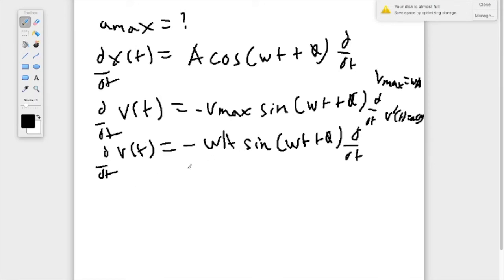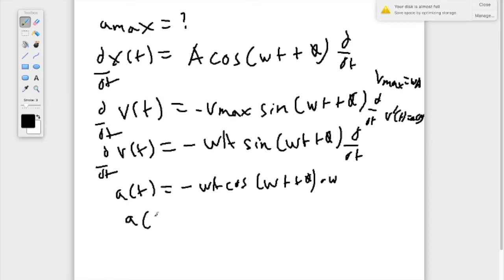So we get a of t equals negative omega A cosine of omega t plus phi. Then we have to multiply by the derivative on the inside, which is omega. So we get a of t equals negative omega squared A cosine of omega t plus phi.